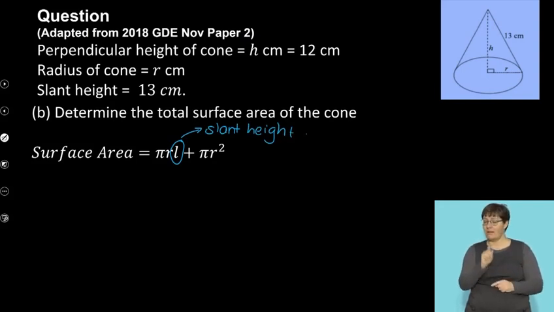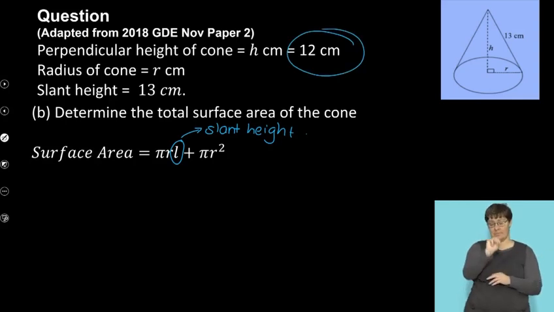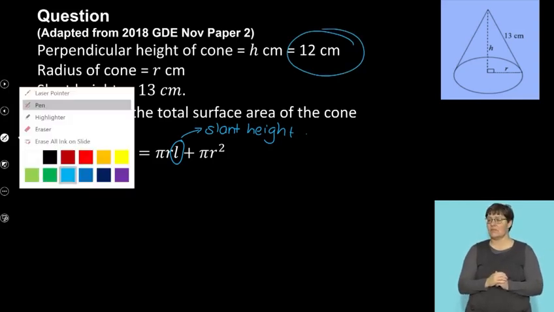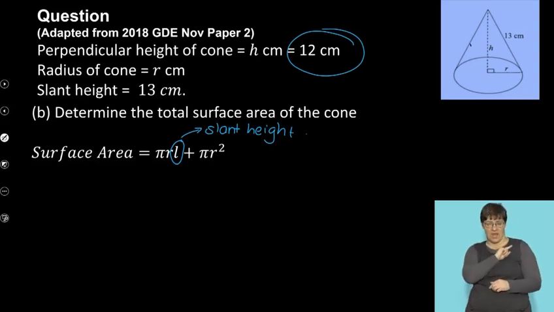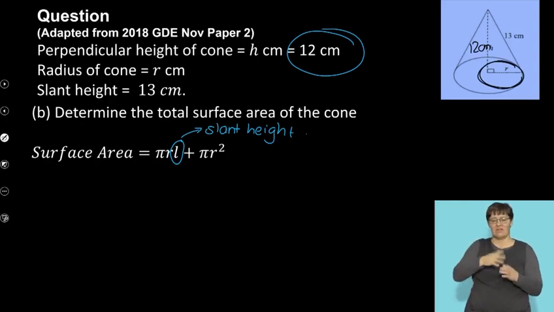But please note that it's now being given that the perpendicular height of the cone is 12 centimeters. This is particularly helpful because with this being 12 centimeters, I can do Pythagoras to work out what my r is, as I do need my r to fill into my surface area formula.